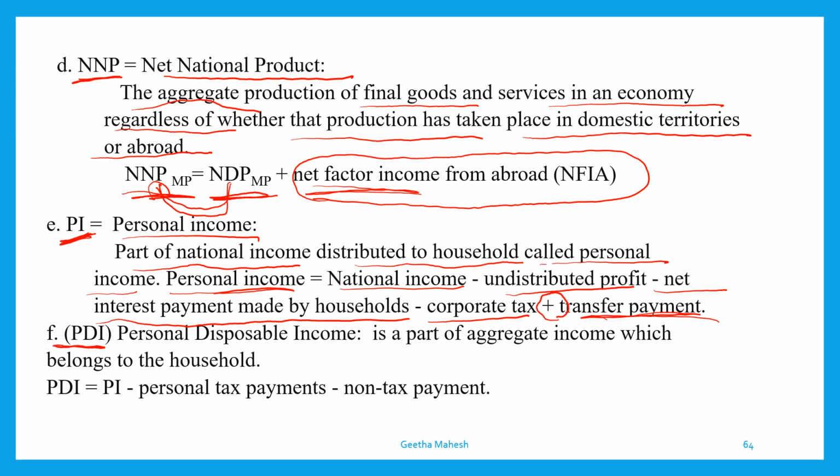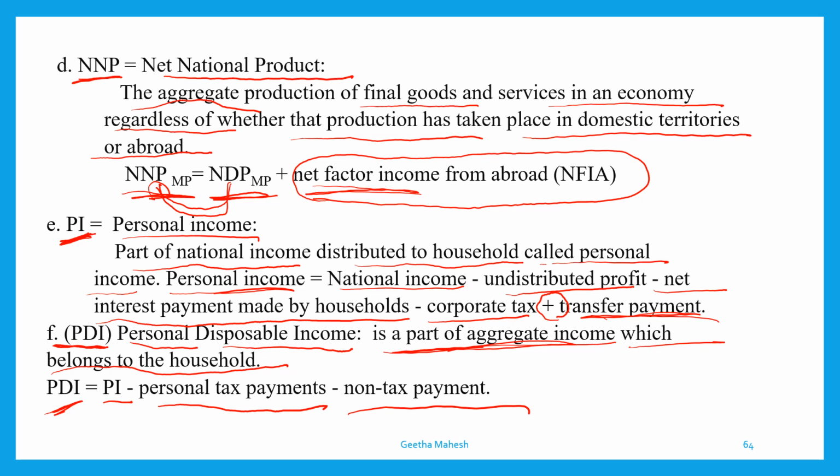The sixth one is PDI, personal disposable income. It is the part of aggregate income which belongs to the households. So PDI equals personal income minus personal tax payments minus non-tax payments.